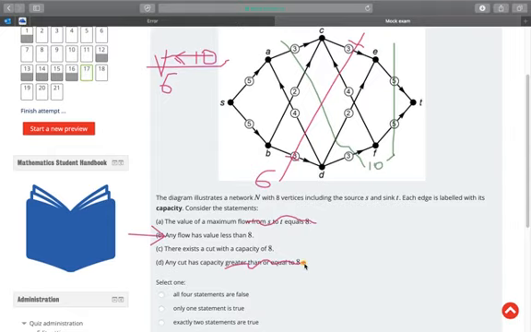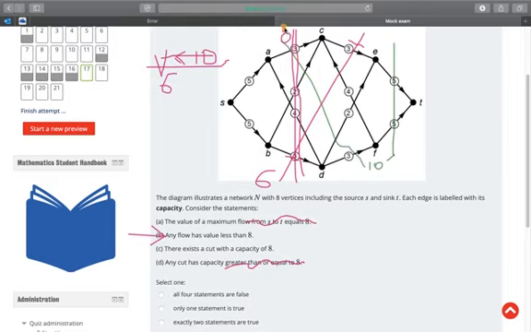So does there exist a cut with capacity 8? Well, I found one of 6, I found one of 10. Can I find one of capacity 8? Well, I think I can, because if I go down vertically here, do it with a double line so we know which one we're talking about, this cut with this double line here, the capacities of the forward going arcs are 3 plus 2 plus 3, so that is 8.